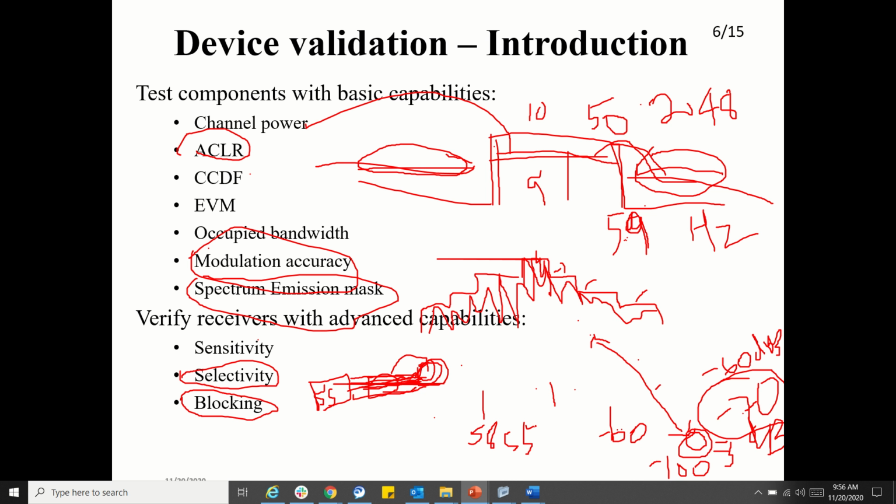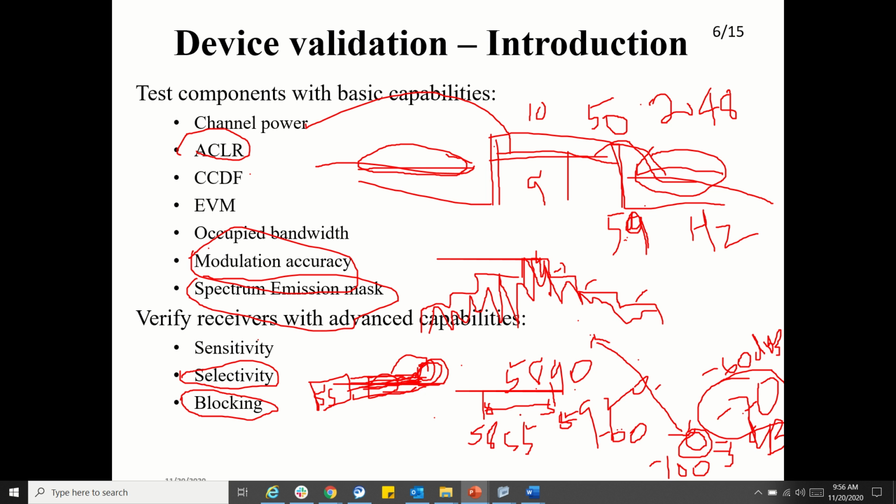Suppose you are using 5890 as the mid frequency, but your interference signal is somewhere within this band. That is called in-band blocking.